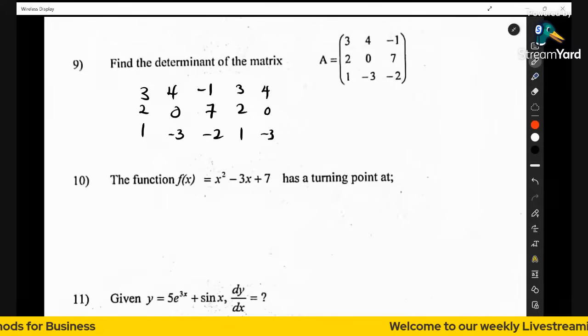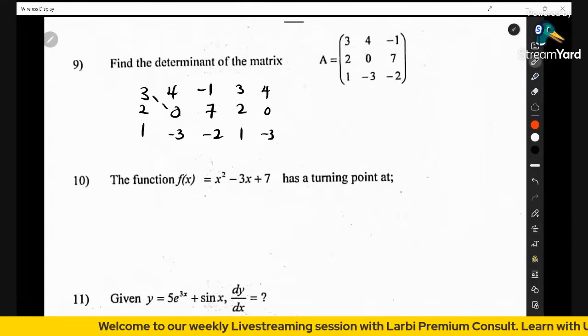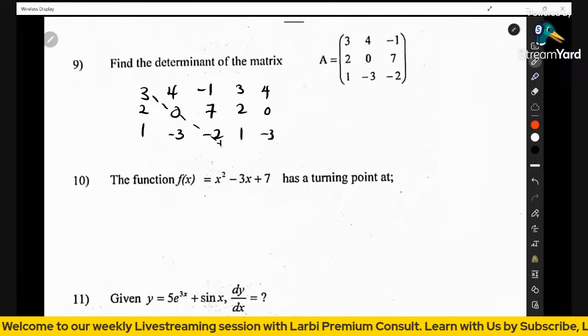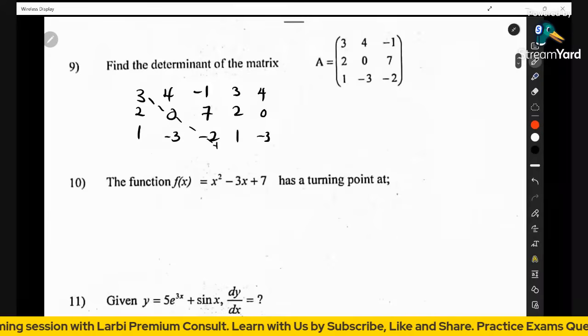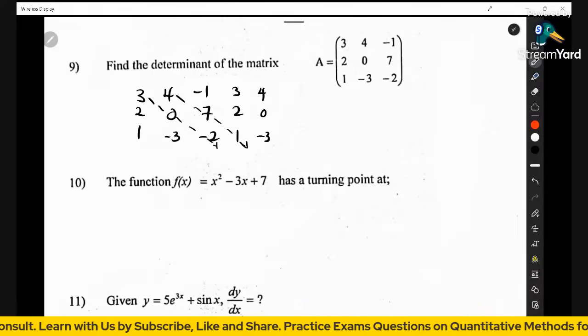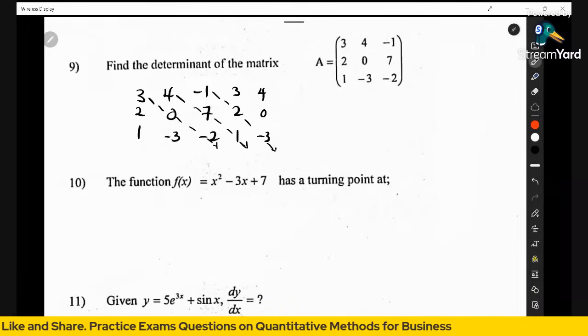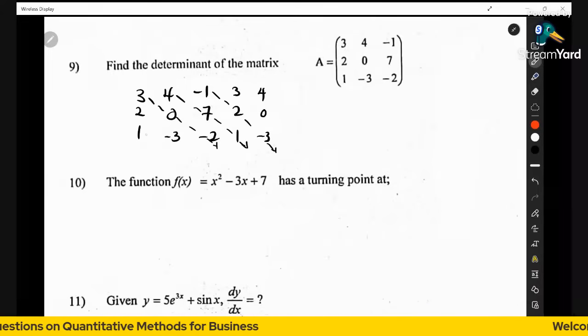I'll indicate my downward arrows, where I get a diagonal of 3 values. So also indicate 1 from here, the 4, 7, and then the 1. Okay, and then 1, 2, and then the -3. So that becomes my downward arrows, and then compare that to the upward arrow.